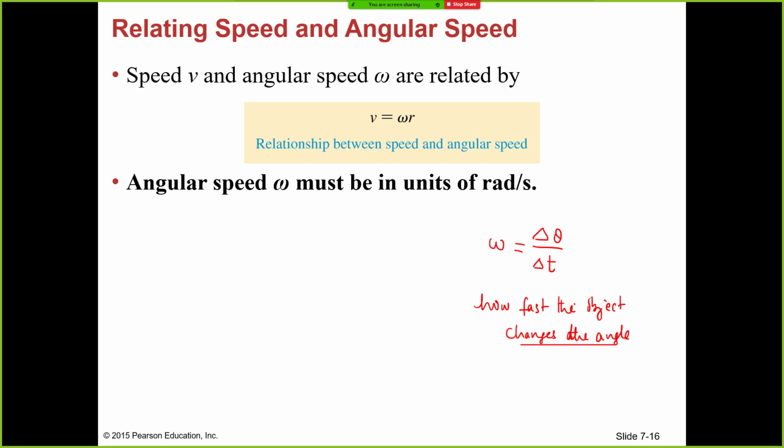So that's the angular speed, whereas this linear speed is delta x over delta t. Okay, in this case, it's delta s over delta t.